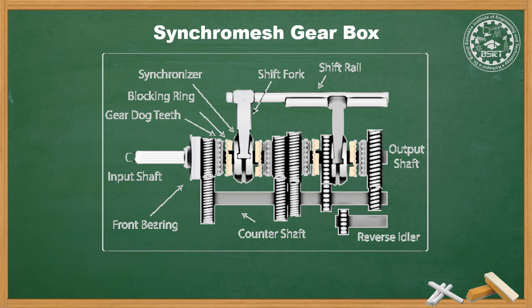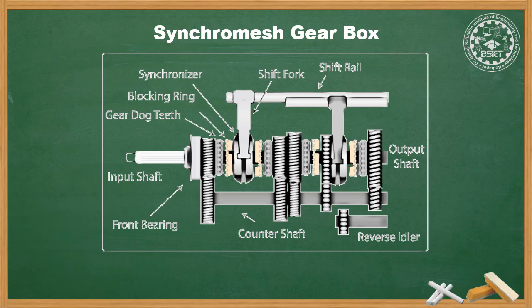In this, a synchronizer device is used instead of a dog clutch, which equalizes the speed by friction, after which the gear may be engaged smoothly. The figure below shows the various gears with the help of a synchronizer blocking ring instead of the dog clutch.